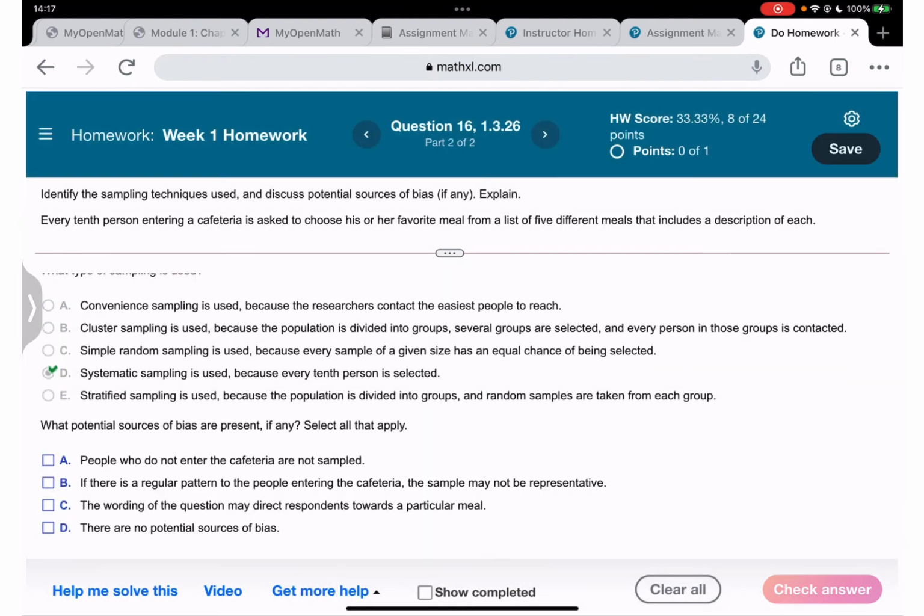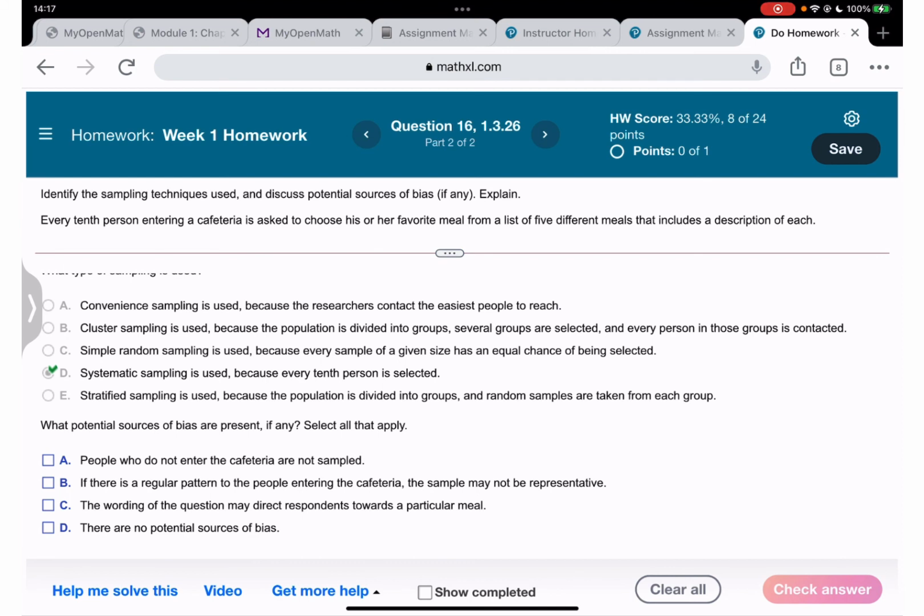Fantastic. And what potential source of bias can be? So let's see. People who don't enter the cafeteria are not sampled. This is not biased. If there is a regular pattern to the people entering the cafeteria, the sample may not be representative. This has nothing to do with being biased.